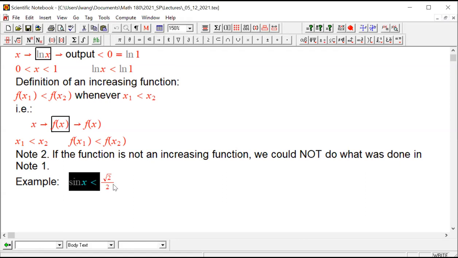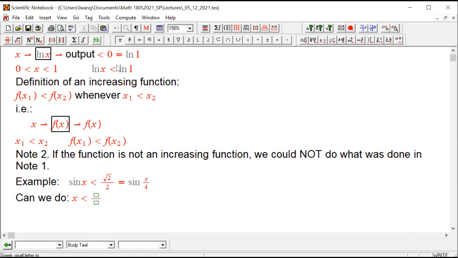And of course we know that root 2 over 2 equals sine of pi over 4. Can we say, oh, x is less than pi over 4?